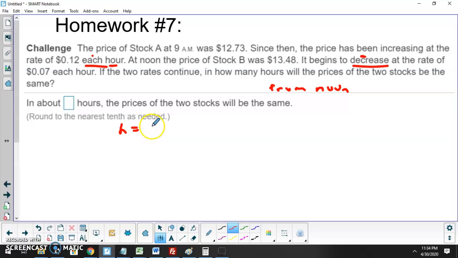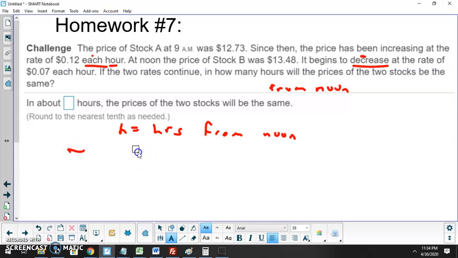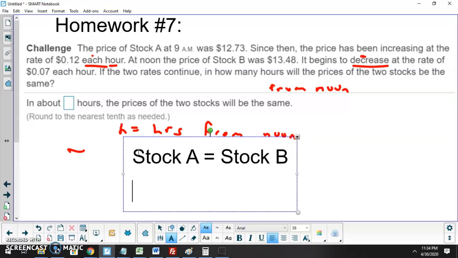So we're going to say H is going to be hours from noon to be the same. That makes a difference. If it was hours from 9, then you'd have a completely different equation and a completely different answer. Okay, so we want stock A to be equal to stock B, and we're starting from noon.